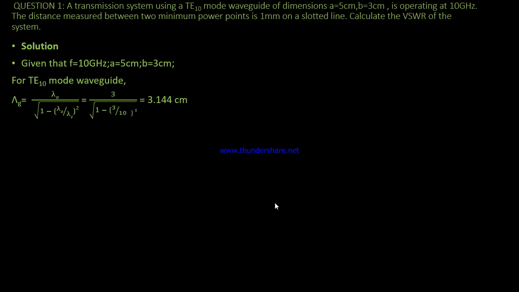In this aspect, we are dealing with a rectangular waveguide. And in the question, it has been given that the frequency is 10 GHz with dimensions of A 5 cm, B 3 cm, for a T10 mode.